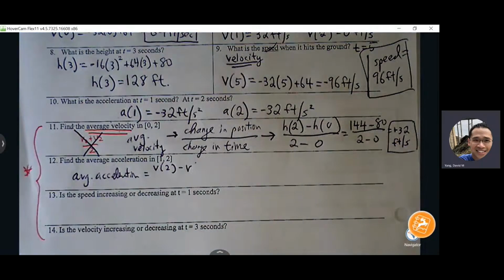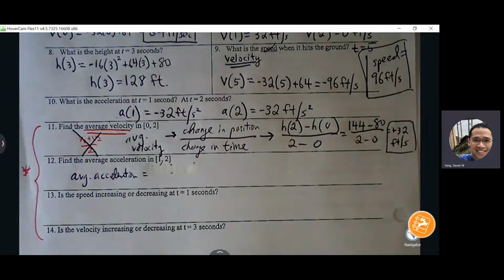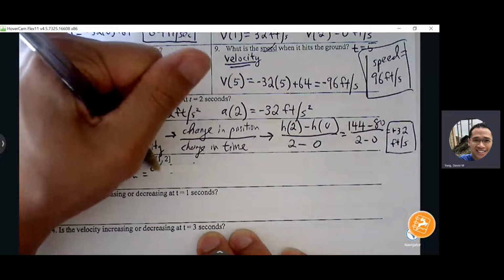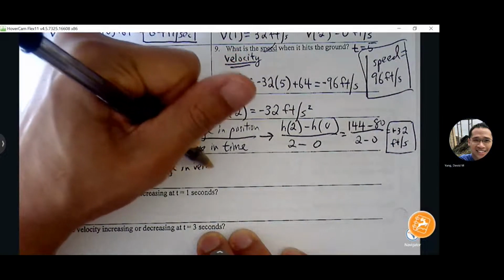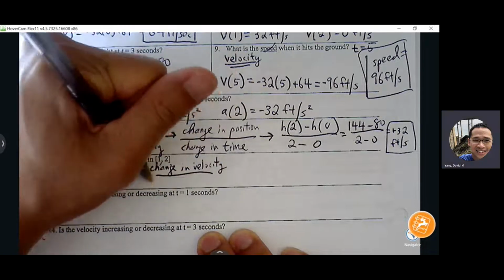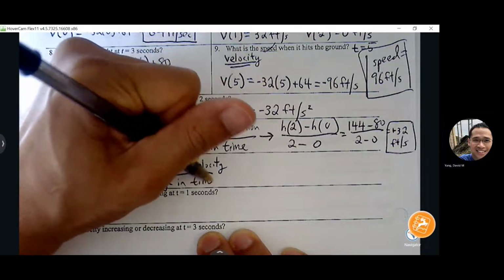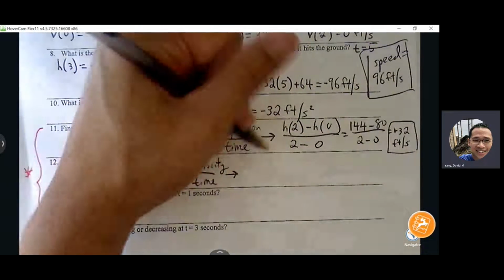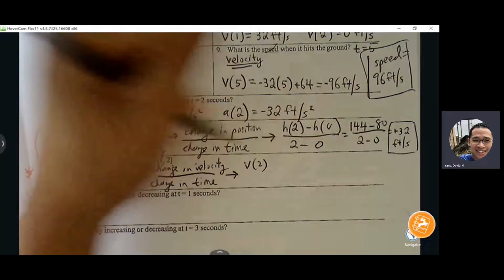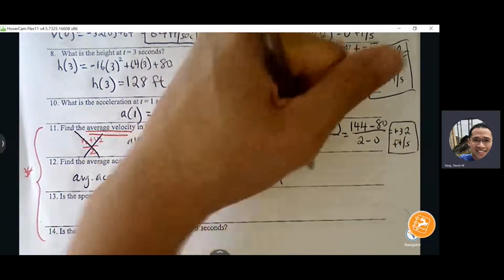Here, let me write out the definition first, and then we can do the exact problem. So average acceleration is defined as the change in velocity divided by the change in time. So v of 2 minus v of 1 divided by 2 minus 1.